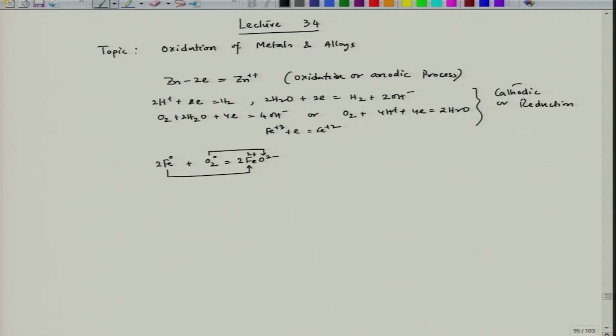Here also you could see that Fe is releasing 2 electrons and forming 2+, and oxygen accepts 2 electrons and forms O2-.